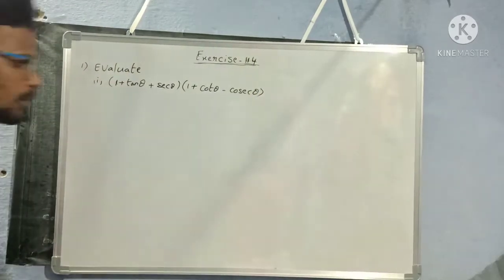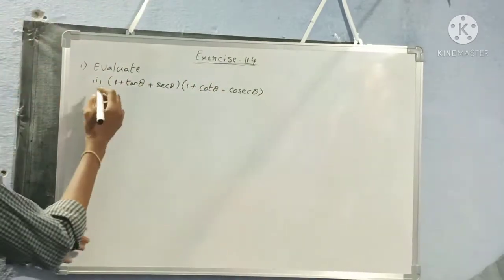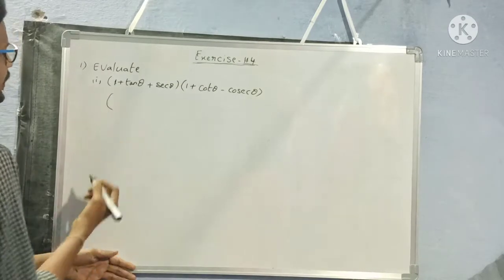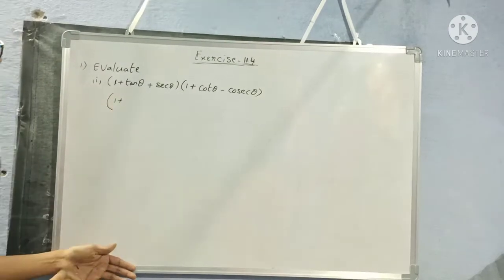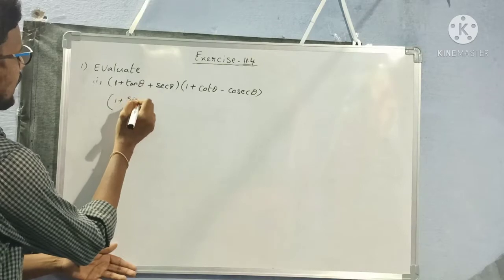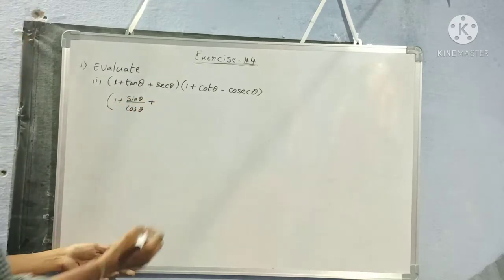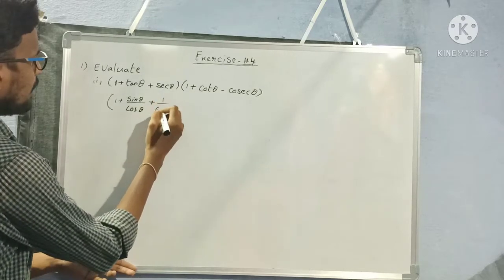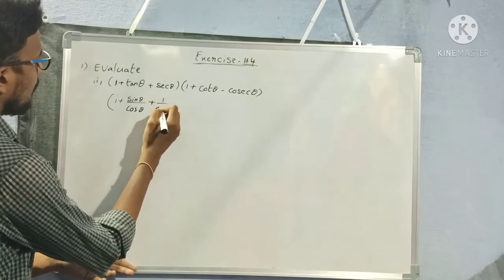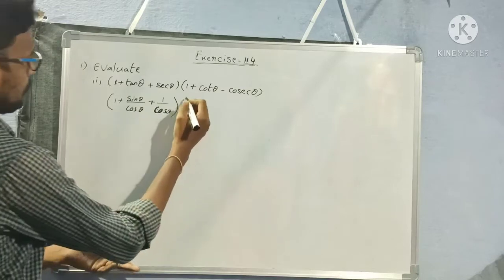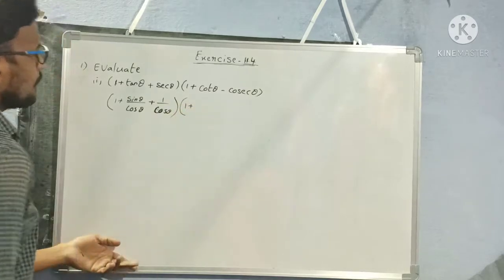So let us solve this question. First, let us convert tan theta into sin and cos. 1 plus tan theta can be written as sin theta by cos theta, plus secant theta can be written as 1 by cos theta, into again 1 plus cot theta.